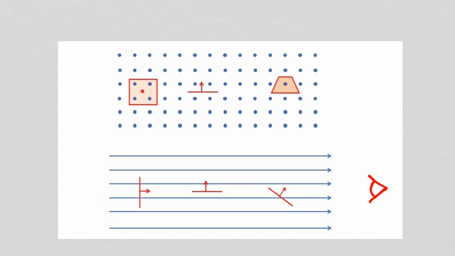So when the direction of the differential surface is perpendicular to the vector field, none of the vector field goes through the differential surface. When the differential surface direction is in the direction of the vector field, you have the maximum of the vector field going through the differential surface.